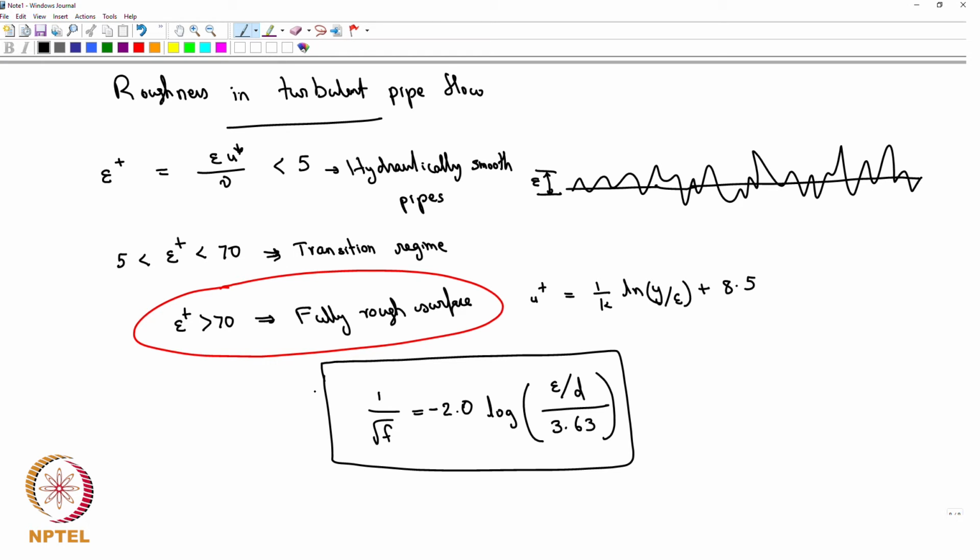So that's definitely a non-dimensional number, and it looks like at a fully rough surface the friction factor is independent of the Reynolds number. It basically depends only on the roughness.